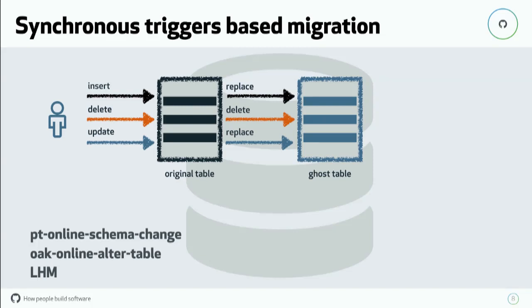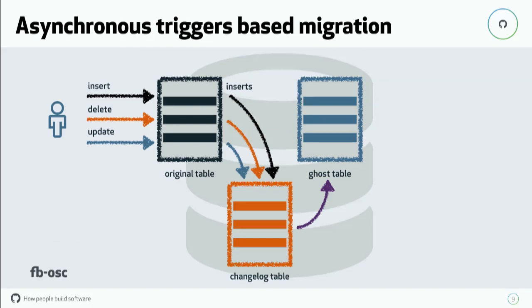Well, okay, so Facebook does something slightly different with their online schema change. It's still doubling the write load synchronously, but it is not doing it into the ghost table. All of the inserts, updates, and deletes are triggers that are just doing inserts into a changelog table.